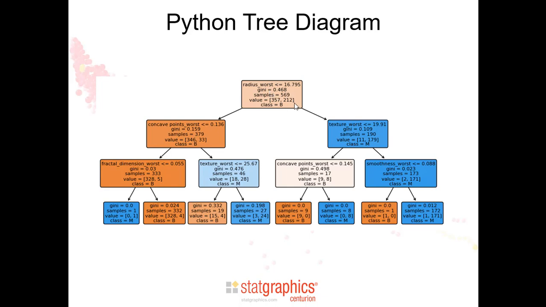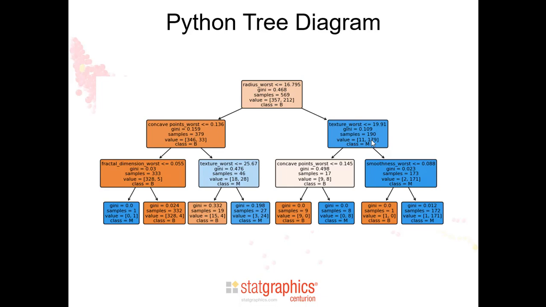Now, once you take the first branch, let's say to the right, you find the Gini coefficient went down quite a bit, down to 0.109. That's because 190 samples that went to this node contained 11 benign masses and 179 malignant masses. Of course, if you had to make a prediction at that point, you'd predict malignant.